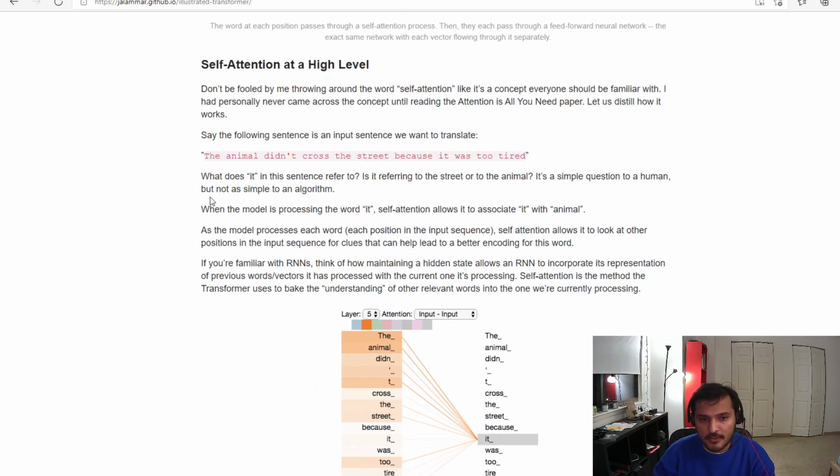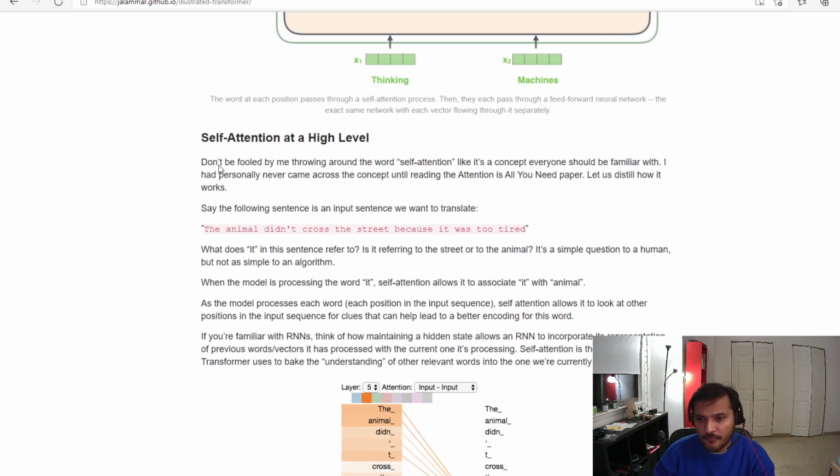So now let's look at self-attention. In this statement, the animal didn't cross the street because it was too tired. When you look at the word it on its own, you don't know what it's related to, right? But when you look at it in the form of a sentence, you know it refers to the animal. This correlation can be measured by attention. Let's say attention is a score from 0 to 1.